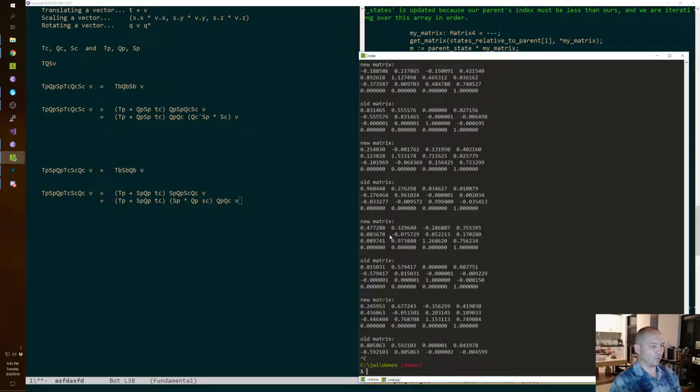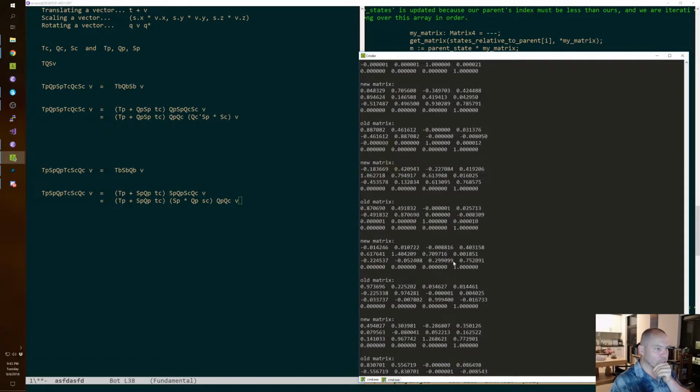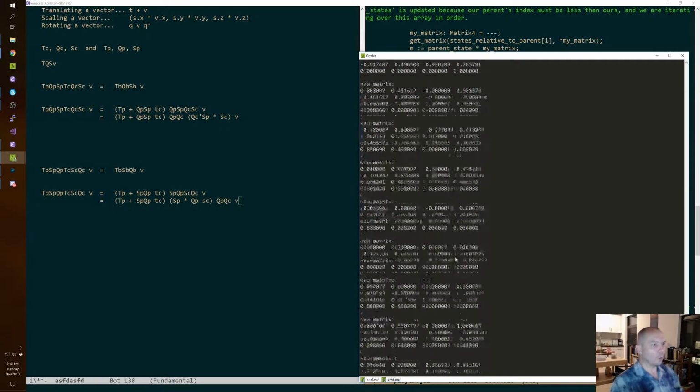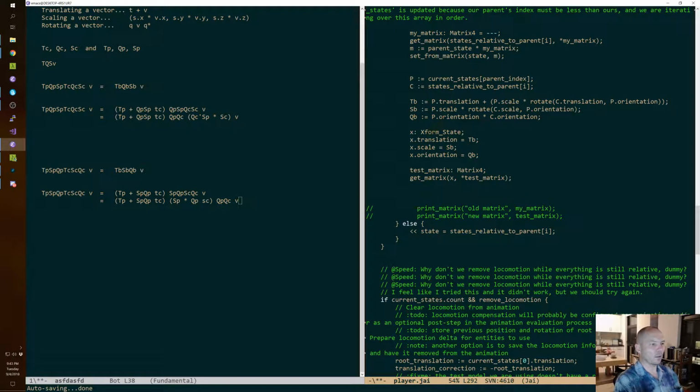Okay, these matrices are not at all the same. So I screwed something up real bad. But we can probably tell what that is if I just screwed up one thing, because instead of printing the matrices, we could say, because we made this state, that should also be almost the same as X. So we could say print old state.